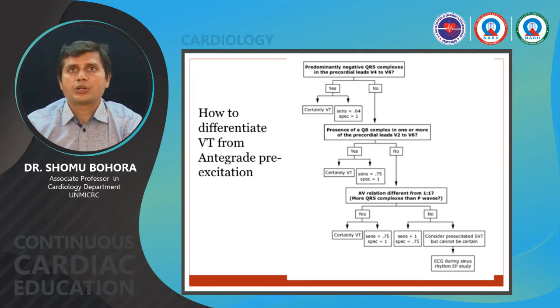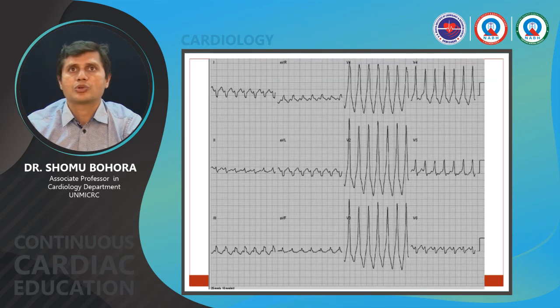If you don't have a QR complex, but you see that the AV relationship is different from 1 to 1, it is likely to be a VT. But if it is equal to 1 to 1, and you see in sinus rhythm that there is pre-excitation, it is likely to be an SVT, antidromic tachycardia. An example of this would be a positive R in V1, atypical bundle branch block.